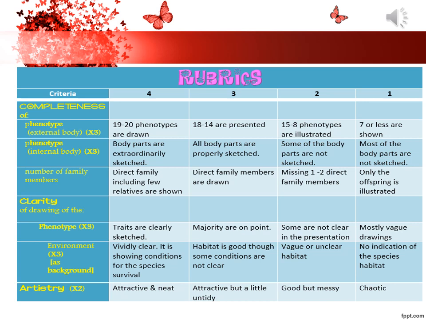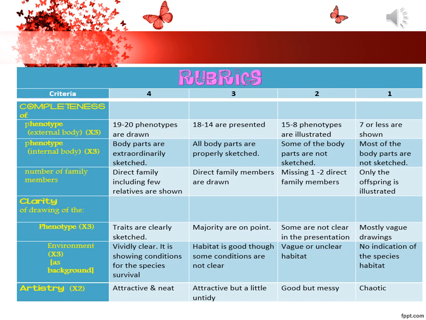The next one for clarity is environment, the habitat where they are living. So if the environment is clear and all the abiotic factors are there, even biotic factors that will help the survival of the species, then you'll get 4.